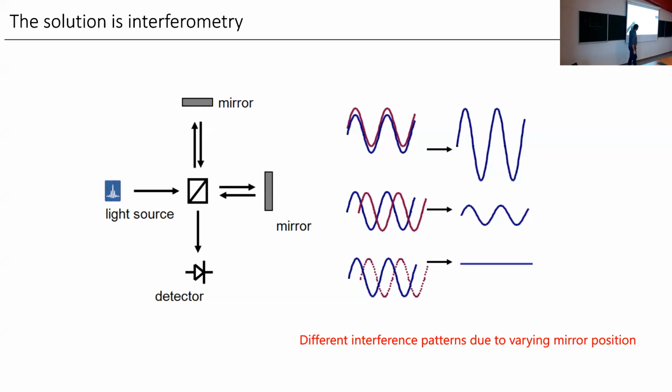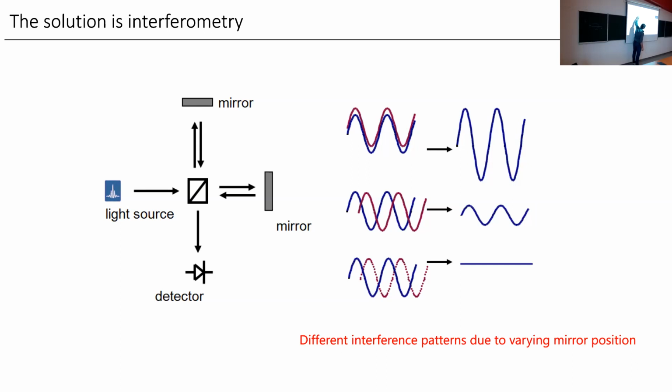The light source, let's say to start with, is just a laser that emits one wavelength only, so a beam of red light. The beam splitter is a half mirror, so half of the light is mirrored this way and half just passes through. At the end, the travel is further. We call this an arm.